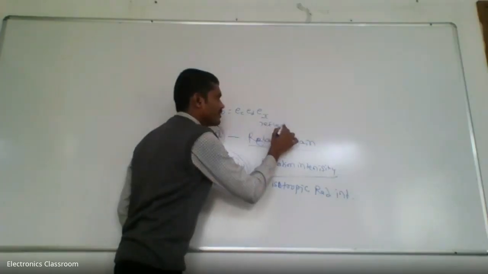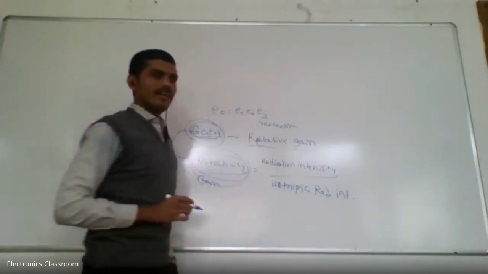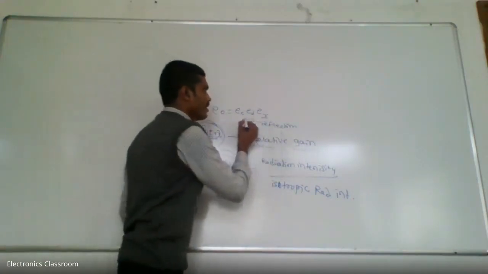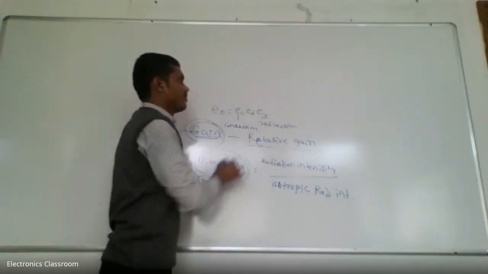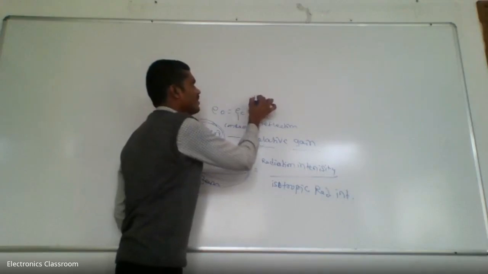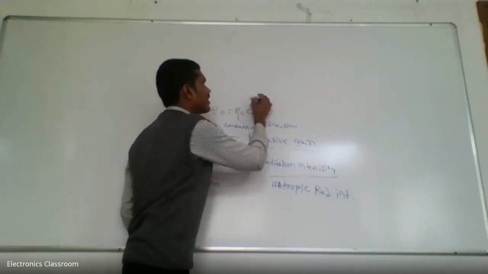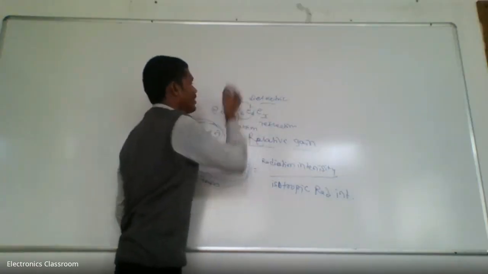R is the reflection efficiency, c is the conduction efficiency, and d is the dielectric efficiency of that particular antenna.